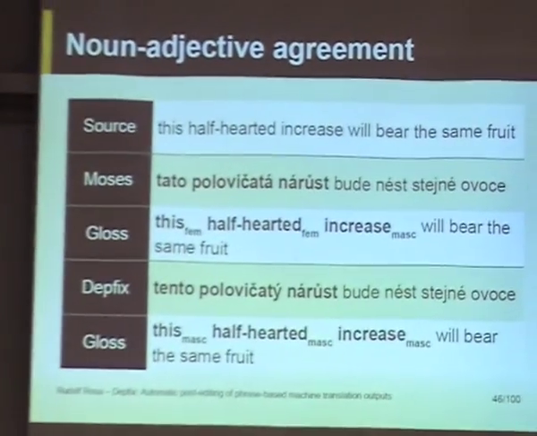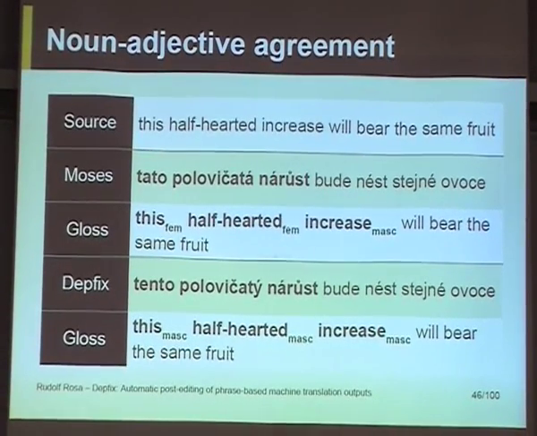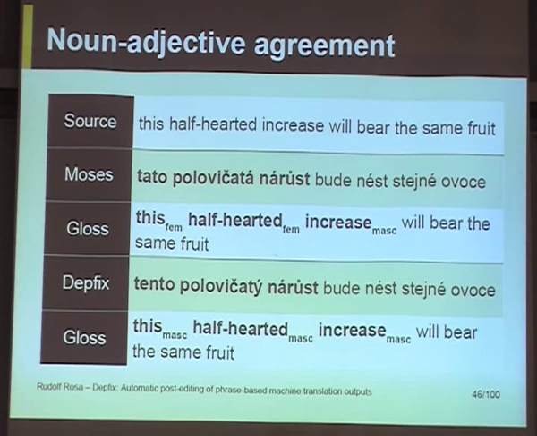Noun-adjective agreement. So this is what we already saw. It can be changed in multiple words. So this "half-hearted increase" became "polovičatá nárůst". If the word is very rare, then the machine translation system is happy enough to know at least some translation of the word, and it cannot generate the correct word form.